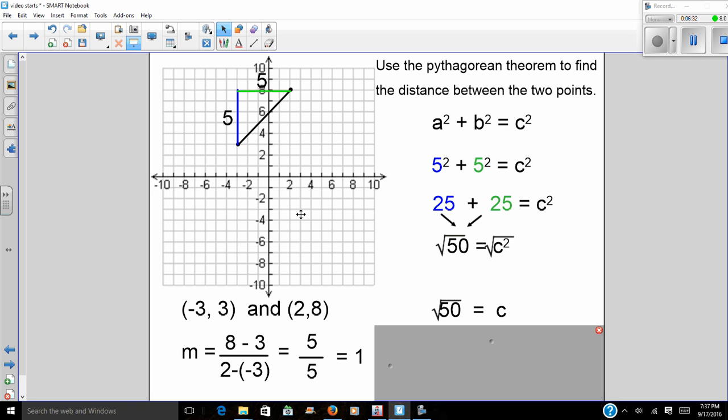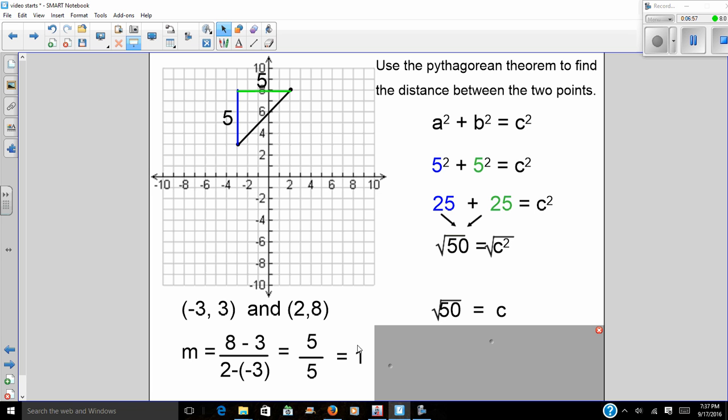Okay? Now the connection that I'd like to make here very quickly is that this 5 and this 5, as part of our rise and our run, are actually numbers that appear in the Pythagorean theorem process for this problem. So our rise ended up here, and our run ended up here. And notice that when we did simplify this slope, we ended up with a slope of 1.